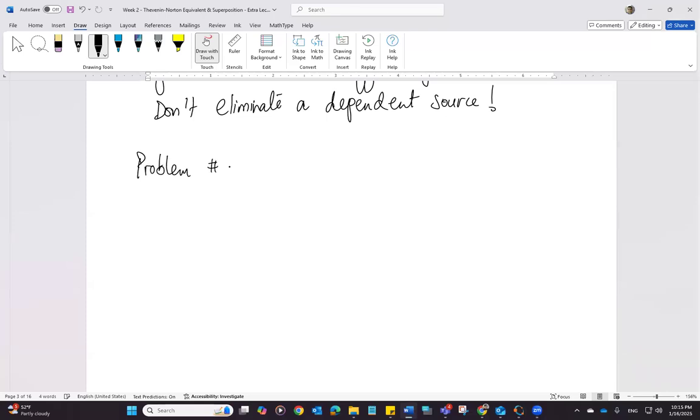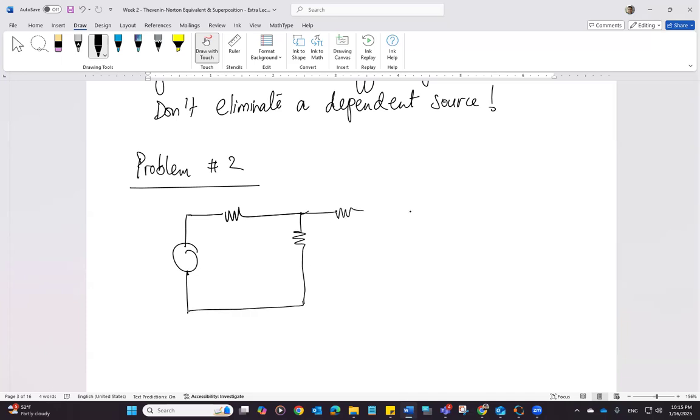So problem number 2. Let's assume you have a simple circuit. And I'm just going to put 2 sources. Let's call it I2.